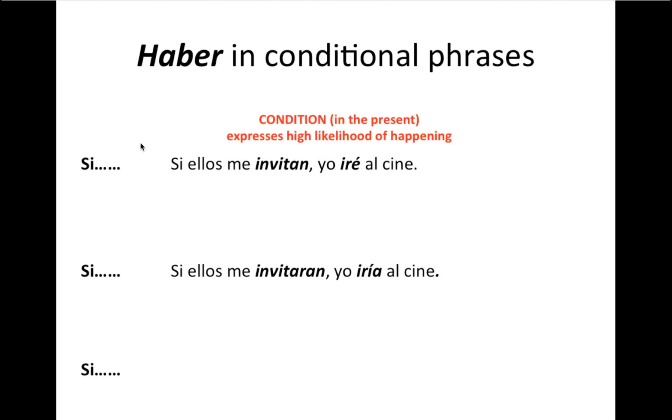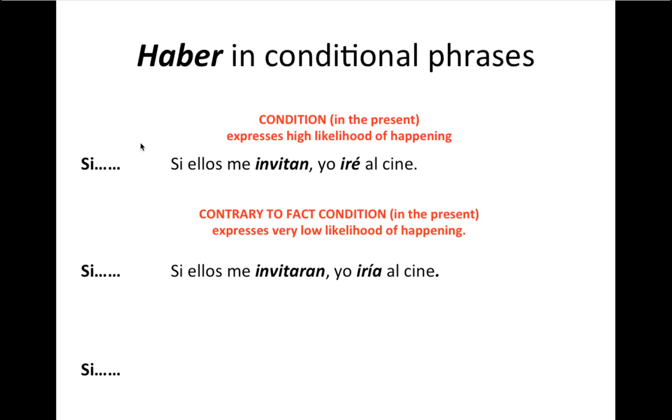But then they can also make one which is a contrary to fact condition. Si ellos me invitaran, past subjunctive, yo iría al cine. If they were to invite me, I would go to the movies. This is called a contrary to fact condition. It's in the present tense, but it expresses a very low likelihood of happening.